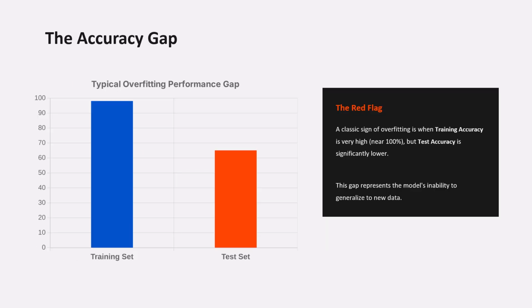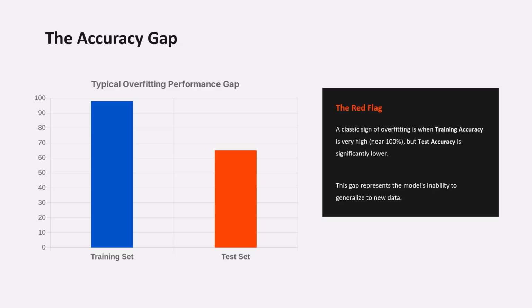First of all, we look at the accuracy gap. The accuracy gap is the clearest red flag when overfitting occurs. You'll see a model performing almost perfectly on training data, around 99-100%.